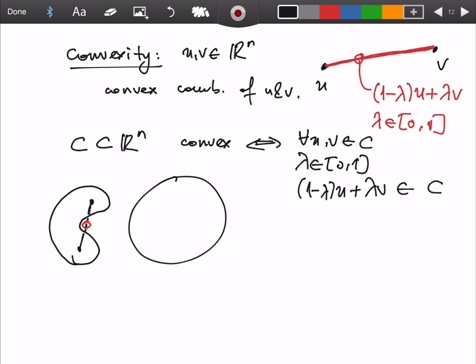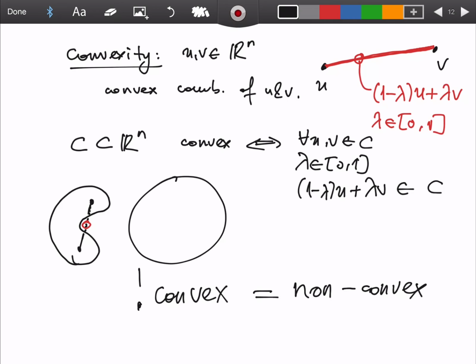So what is the opposite of being convex? The opposite of being convex is non-convex. There is no such thing as a concave set.